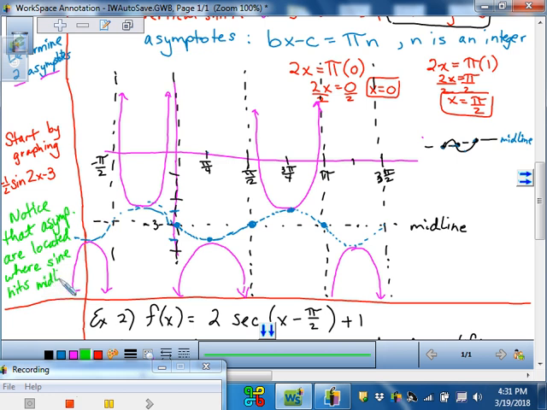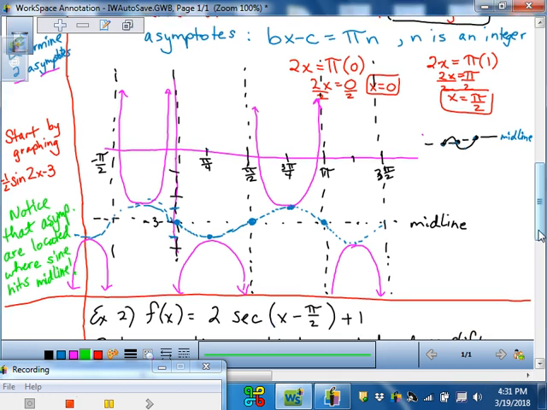And you're going to notice that same thing to be true when we come down here and we graph the next one, which is for the secant. On the cosecant graph, the asymptotes are always located where the sine wave hits the midline. And for the secant graph, the same thing's going to be true. It's going to be located where the cosine graph hits the midline. Alright, go ahead and pause, finish copying this, and we'll finish up with the second example.